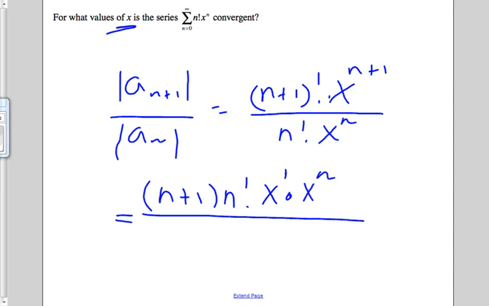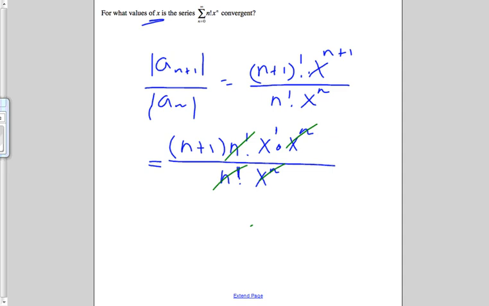So divide that by n factorial times x to the n, and very clearly things are going to start crossing off. So we can get rid of this, get rid of this, get rid of this, get rid of this, and what we're left with is n plus 1 times x.